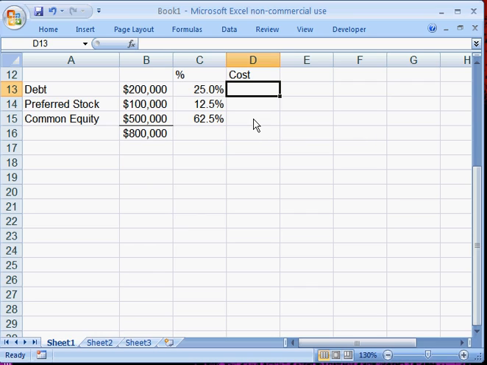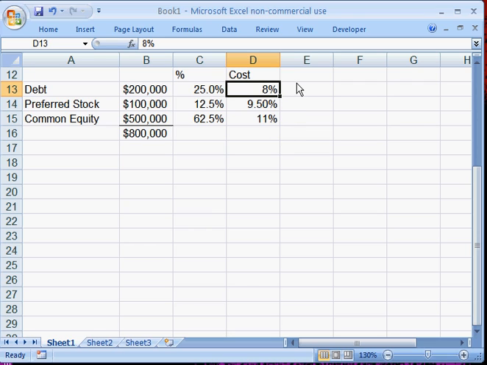The only one of these that is adjusted for taxes is debt, because debt is tax deductible. So we need to make one adjustment in here, and I'm going to call this A/T for after-tax cost. The next thing we need to know is the tax rate. We very commonly use 40%.